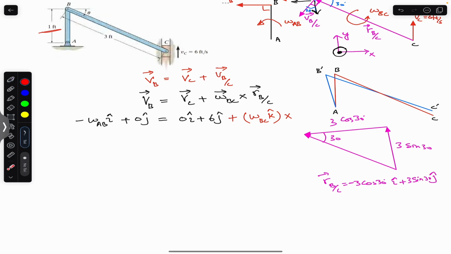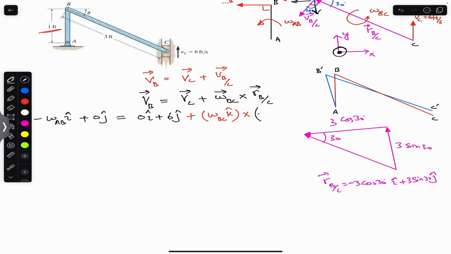This is the Cartesian vector representation of RB relative to C. Now let's write it here: minus 3 cos of 30 i plus 3 sine of 30 j. So this is the RB relative to C.